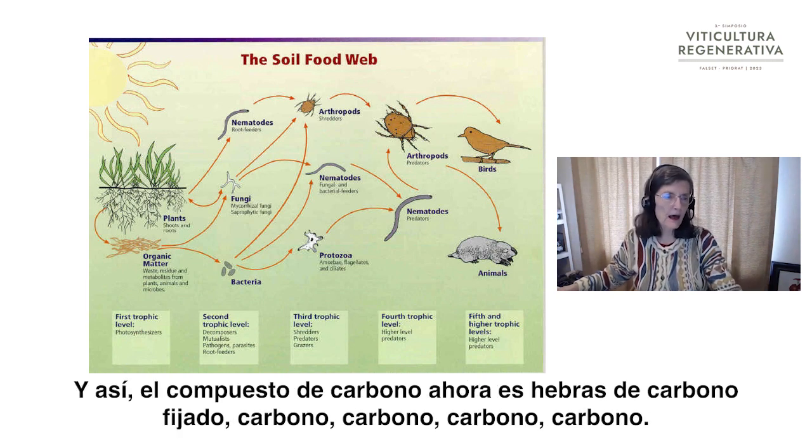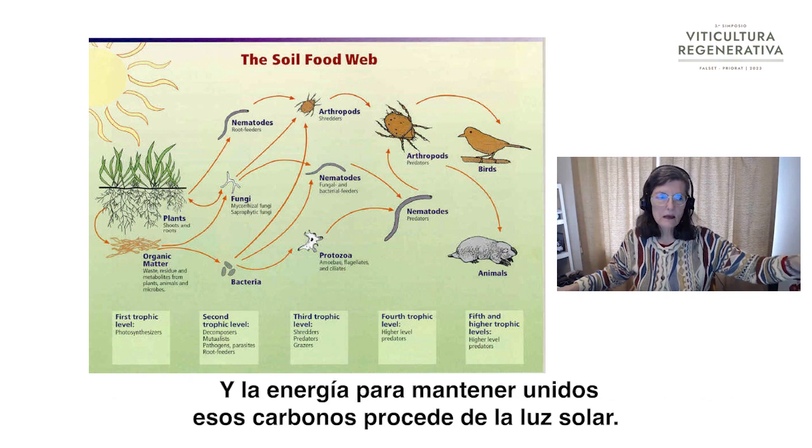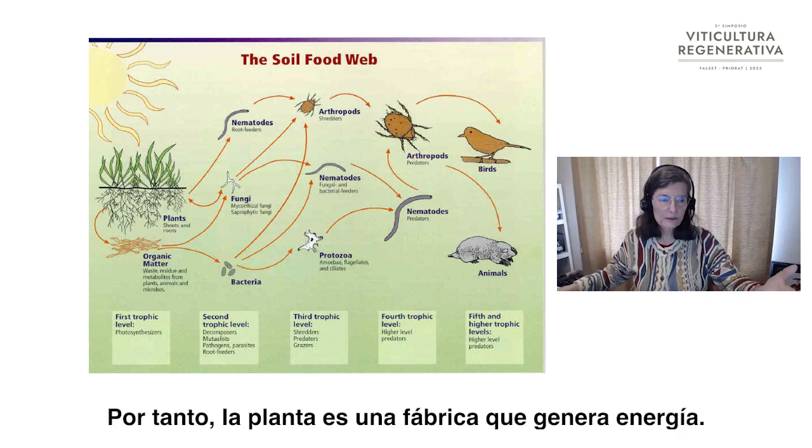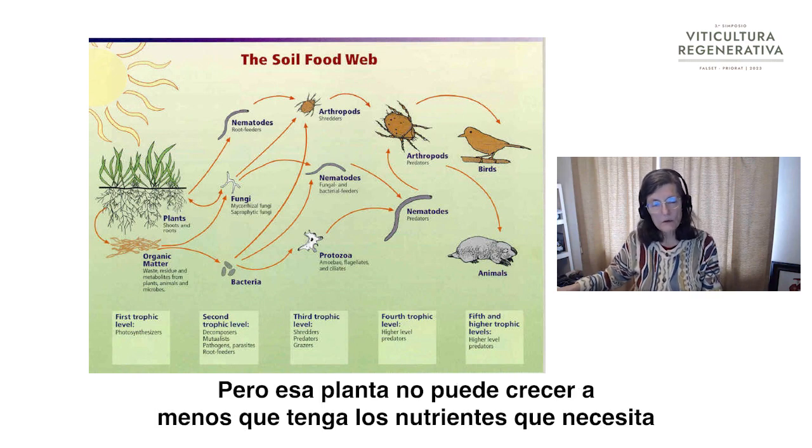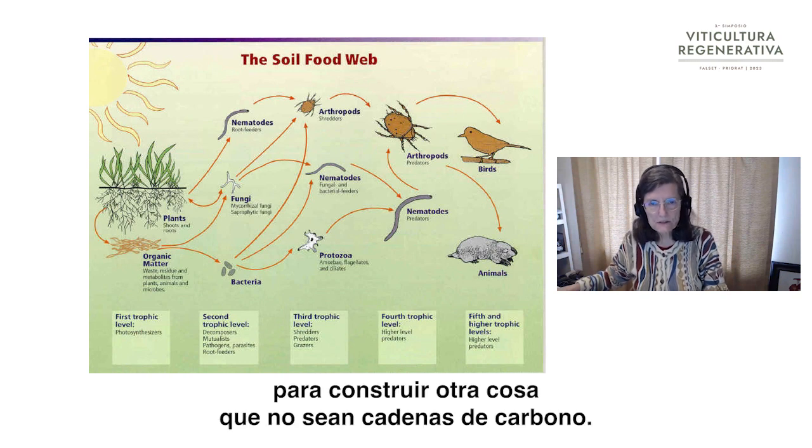And so the carbon compound is now bound carbon strands, and the energy to hold those carbons together comes from the sunlight. So your plant is a factory to produce energy. Well, that plant can't grow unless it has the nutrients it needs to build something other than just carbon chains.